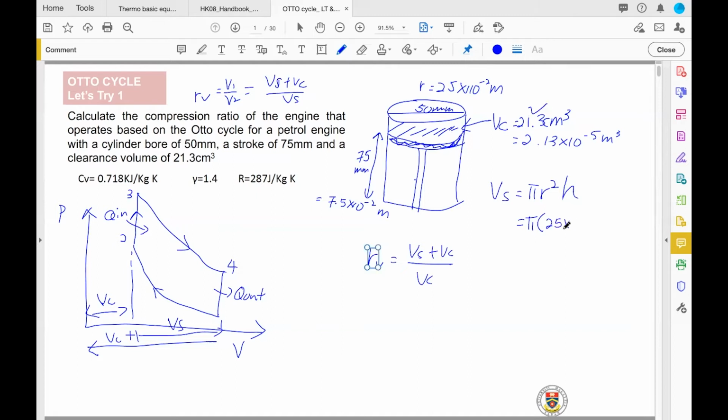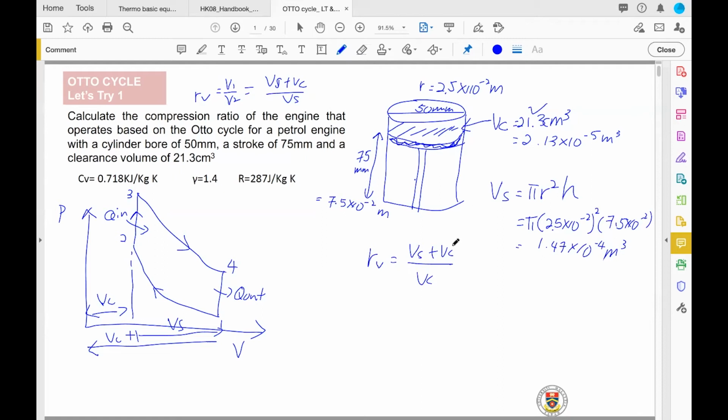So 25 times 7.5 times, and so your Vs should be 1.47 times 10 to the power of -4 meter cube.